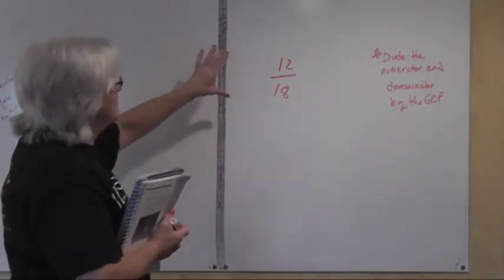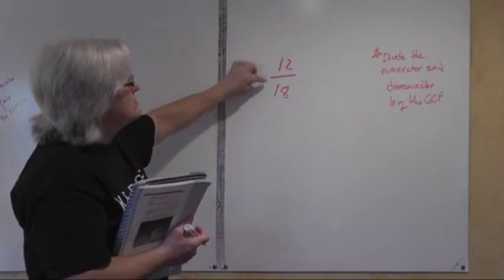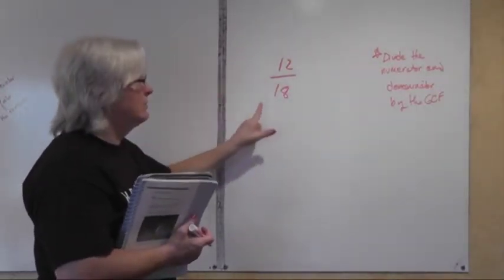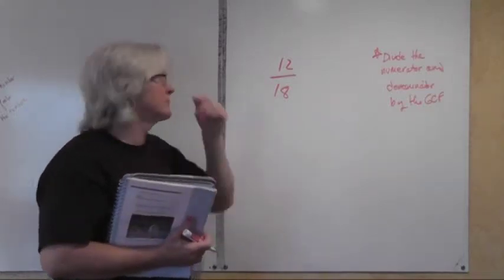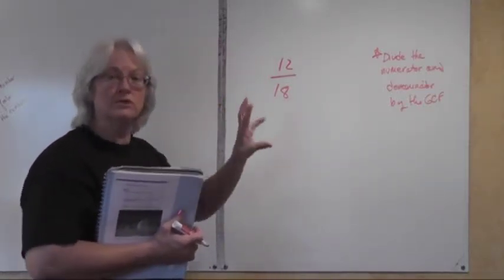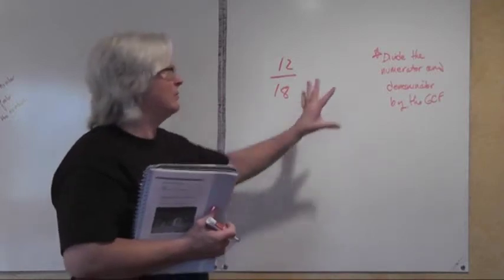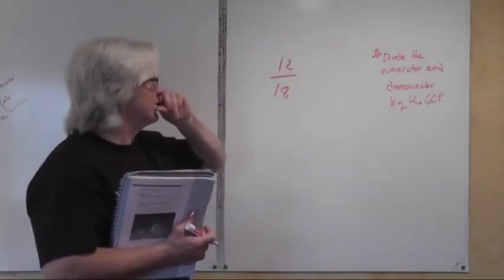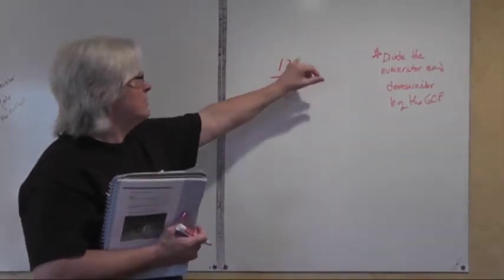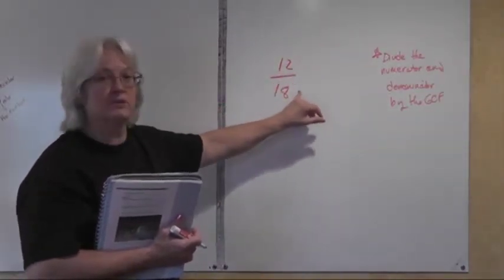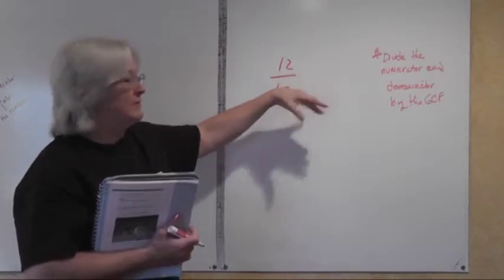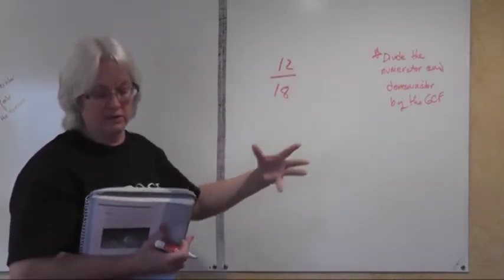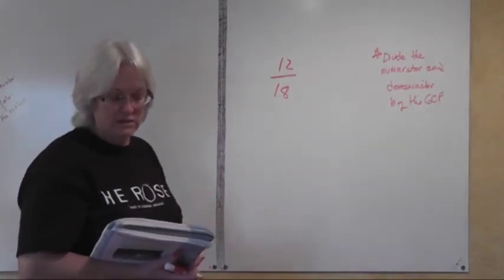Well, the greatest common factor is the largest number that is a factor of both the numerator and the denominator. Now you can use a couple of different techniques here to help you make sure that you reduce your fraction to lowest terms. You can think, okay, well I know both of these numbers here are even, so I can divide by 2. If I divide both of these numbers by 2, I'm going to have 6/9, but then I still have to divide some more.